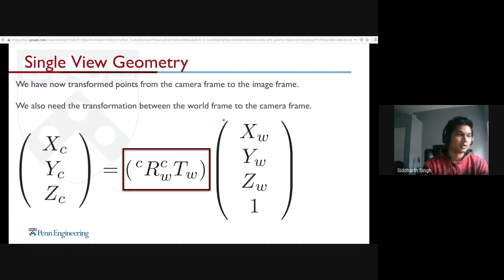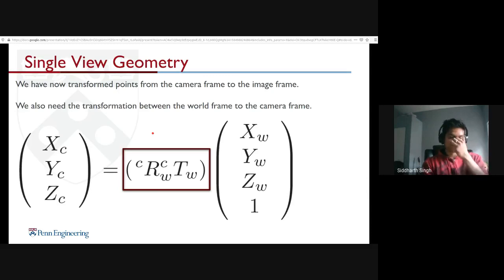It is to understand where the object is that we are seeing, right? So where the object is depends on where in the world the object is. I went from my camera frame to my image plane, but ultimately what I want is the world frame coordinates.